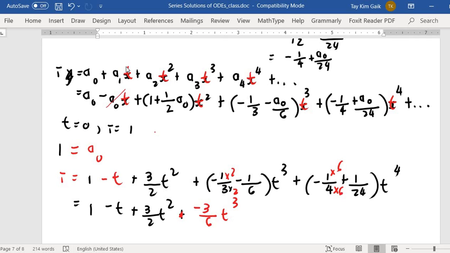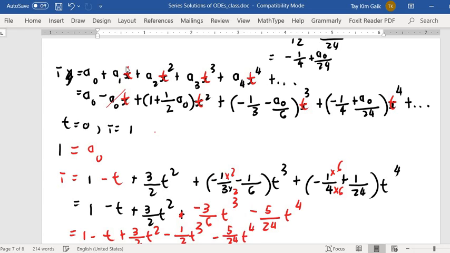Negative 6 plus 1, negative 5 over 24 t power 4. So 1 minus t plus 3 over 2 t squared minus half t cubed minus 5 over 24 t power 4.